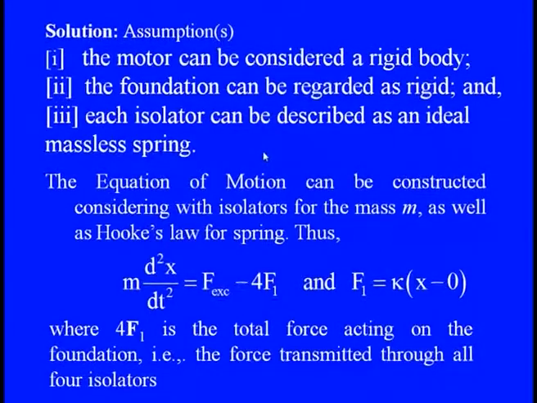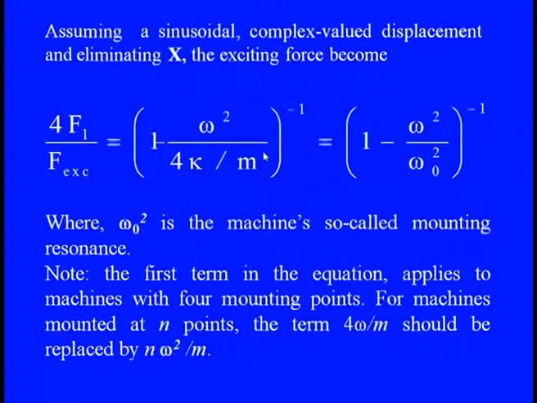So, 4 F1 is transmitted through all 4 isolators. The excitation coming from the machine, when operated from electric operations like the compressor or the pump, is always according to simple harmonic motion.